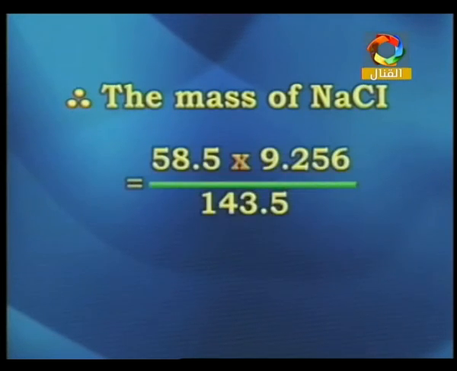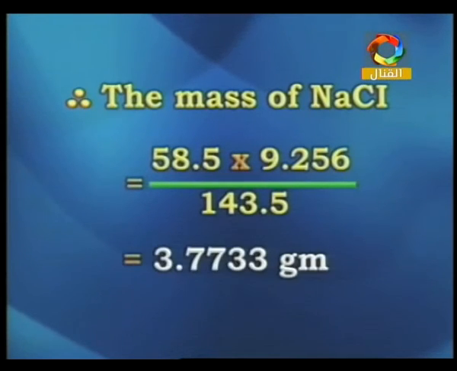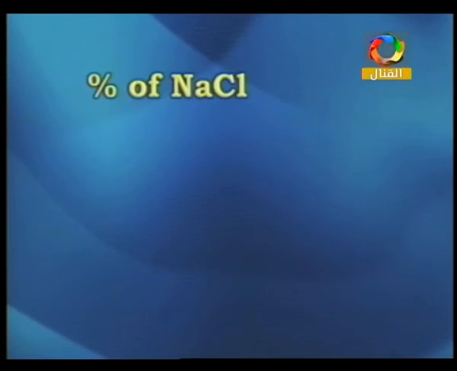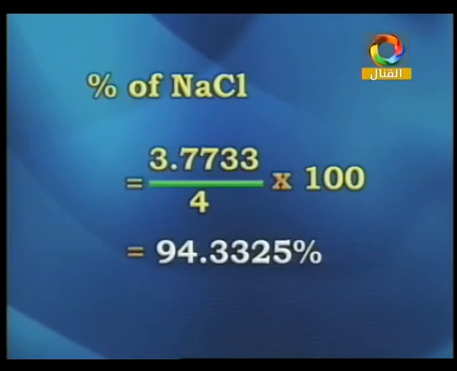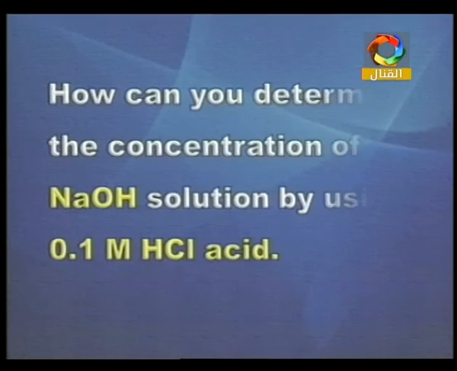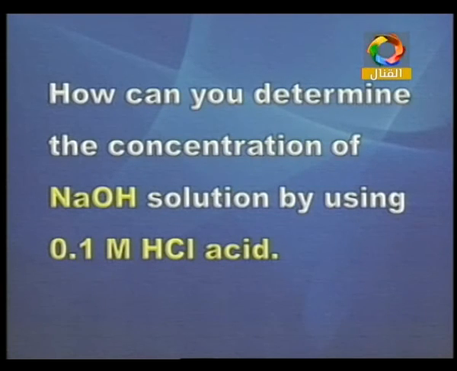Therefore, the mass of sodium chloride is 58.5 times 9.256 over 143.5, which equals 3.7733 gram. So the percentage of sodium chloride is 3.7733 over 4 times 100, which equals 94.3325%. Next type of question: how can you determine the concentration of sodium hydroxide solution by using 0.1 molar HCl?